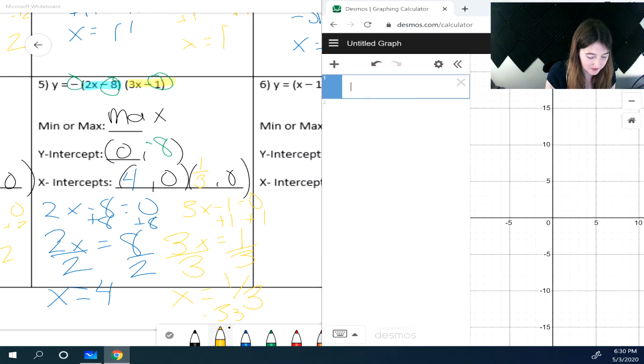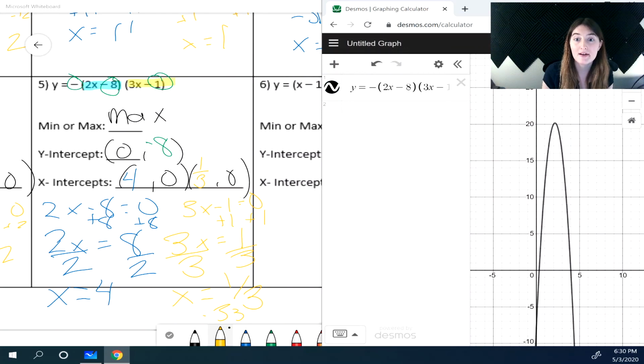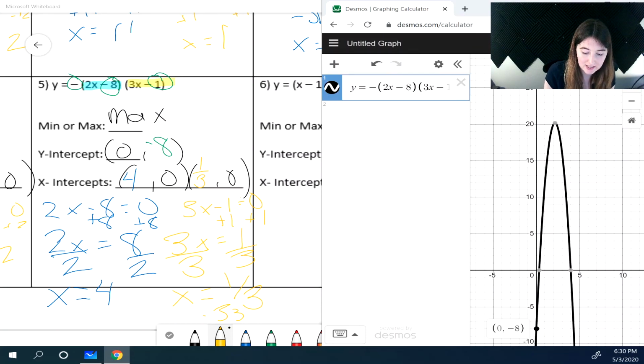So let's type this in. Y equals negative (2x minus 8)(3x minus 1). All right, here is my parabola. Does it have a maximum? Yes. Is my y-intercept at (0, -8)?